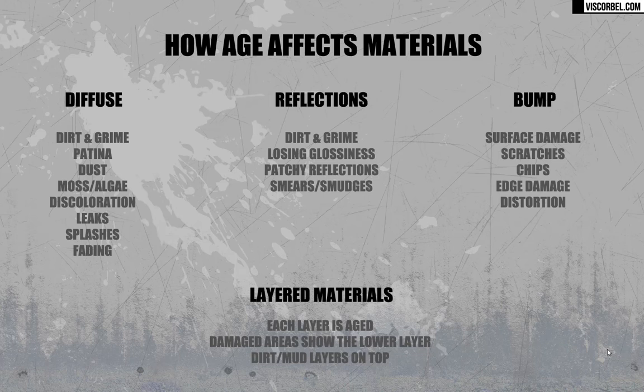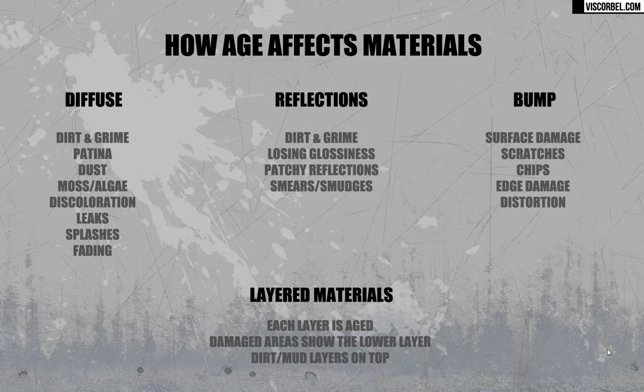And you also get some distortions of the whole object. Basically, if it starts out flat and straight out of the factory, with age it can become slightly buckled, slightly wavy, and distorted a little bit. Right, and then you have the layered materials, which are basically composed from multiple simple materials.